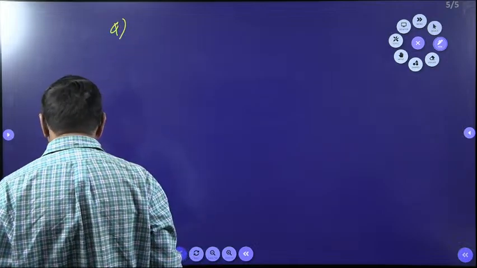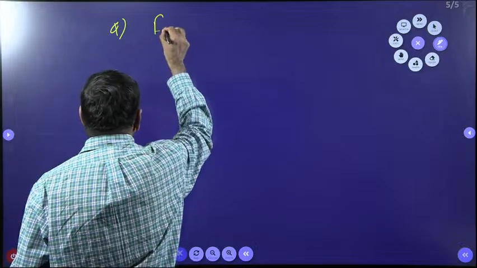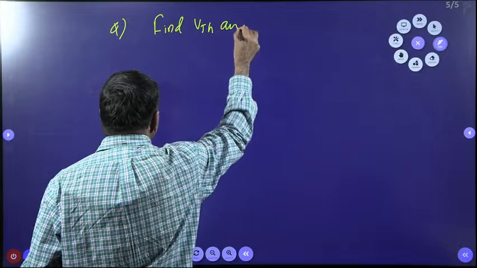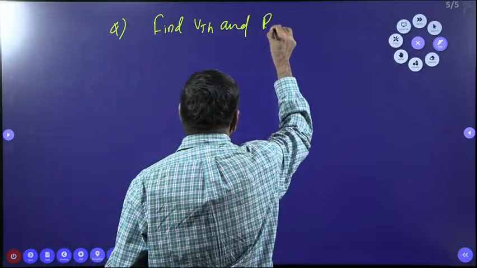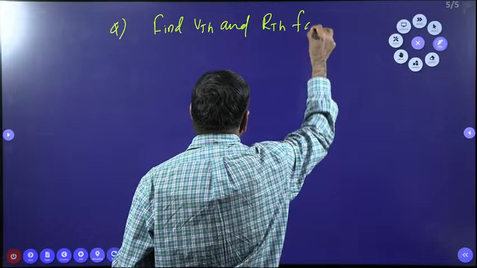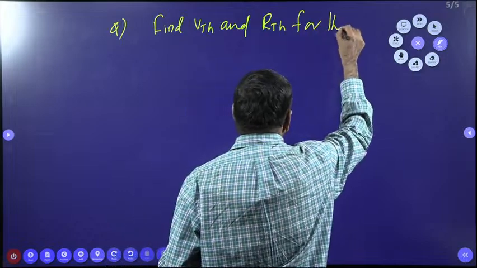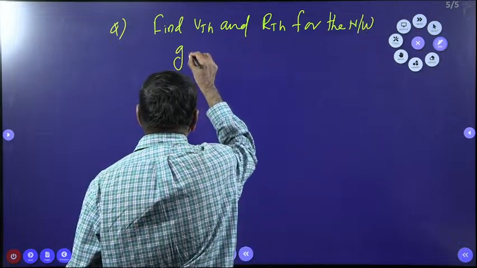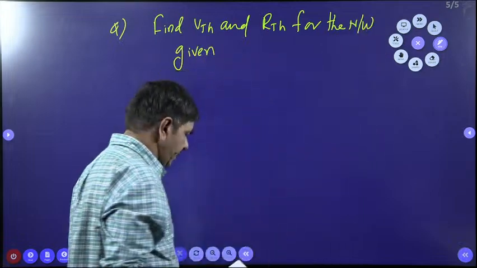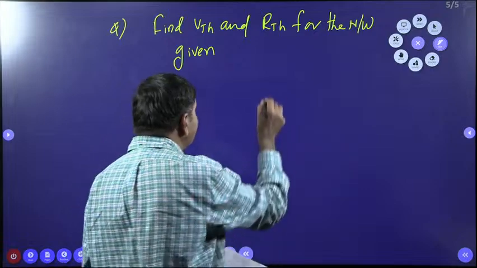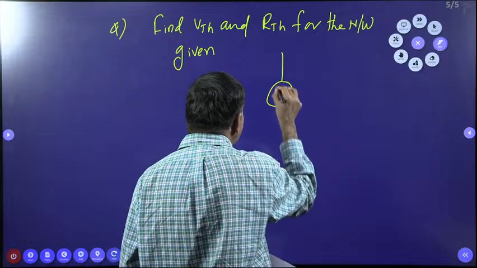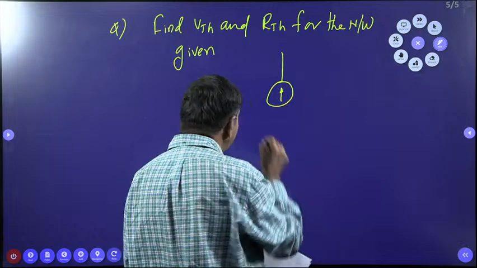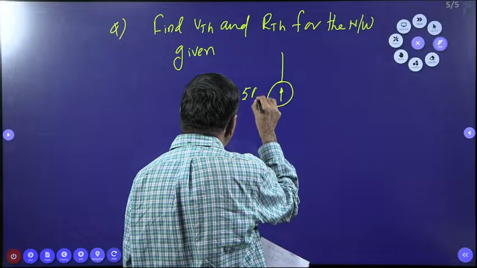Find VTH and RTH for the network given. What network is given here? There is a current source. The initial work is yours. You must try at first. If you get the answer, very happy. If you don't get the answer, I am here to help you.